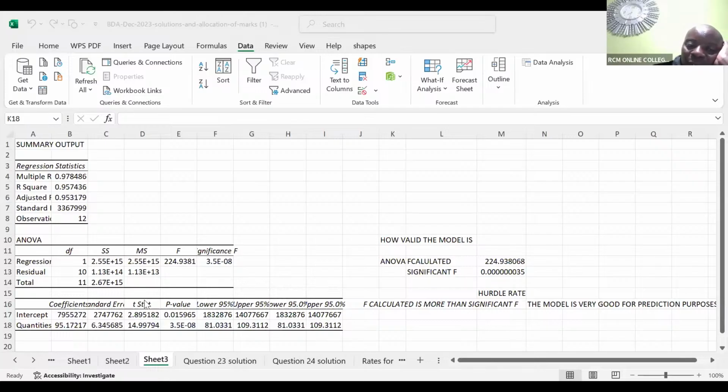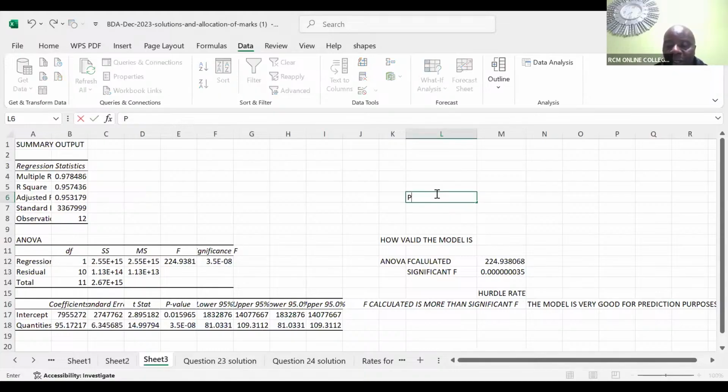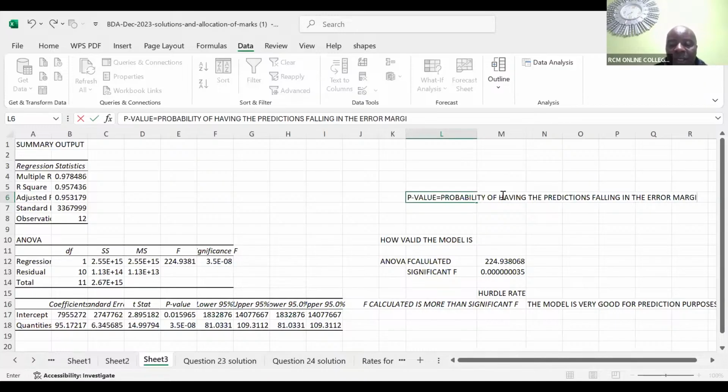But even before I go to the T critical, we have this p-value. P-value stands for what we call probability value. And this probability value is the probability of having the predictions falling in the error margins.